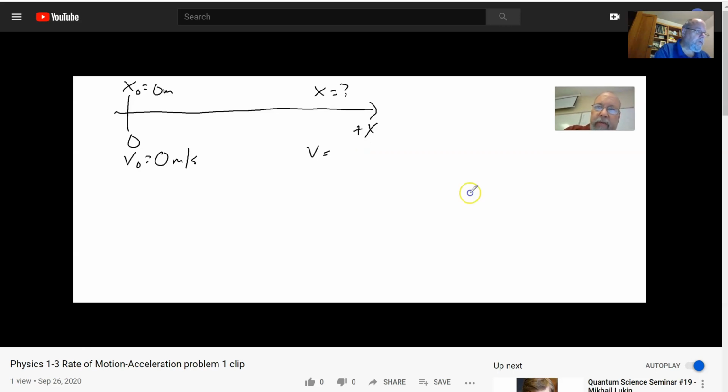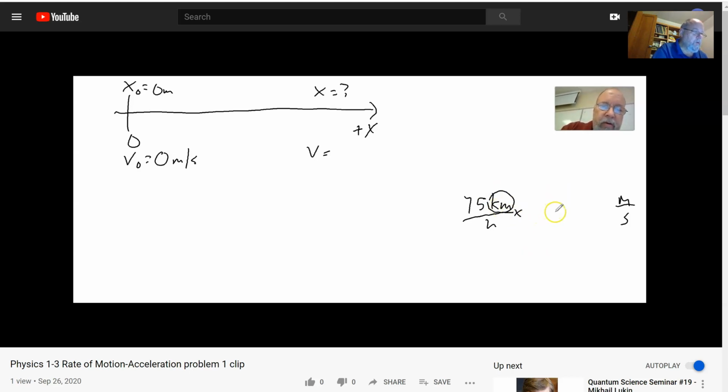So let's say we have 75 kilometers per hour, and we want to change that into meters per second. My strategy for these is that I start with one value, one unit, and I say I want to get rid of this unit. What do I want to change it to?